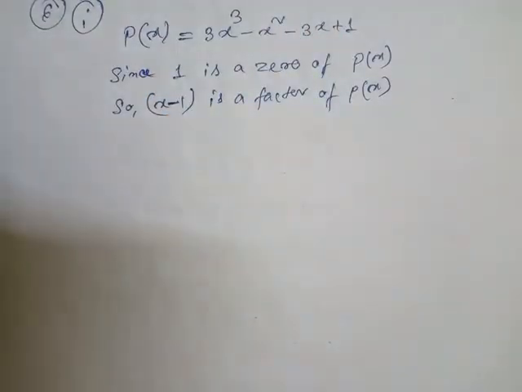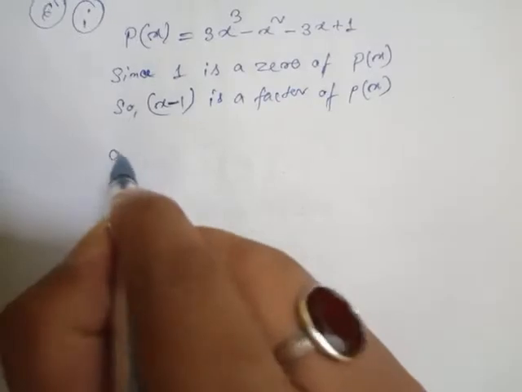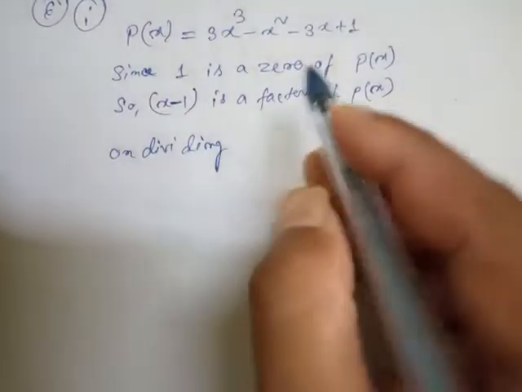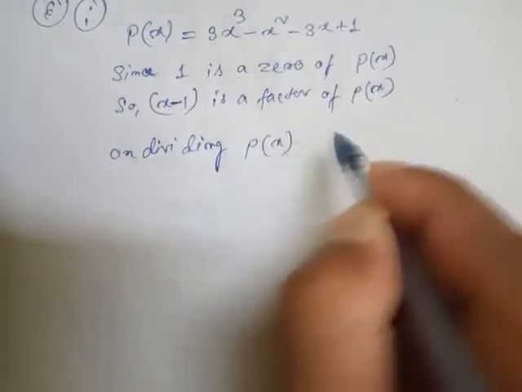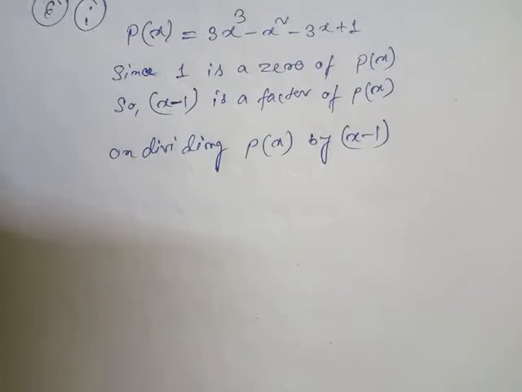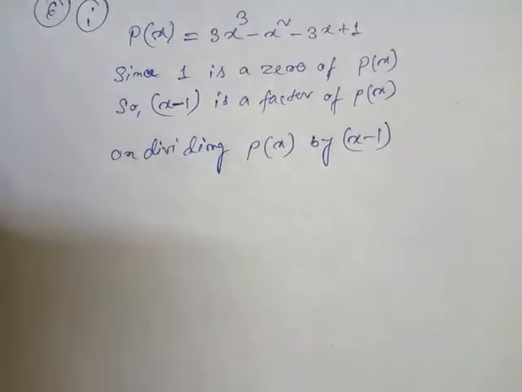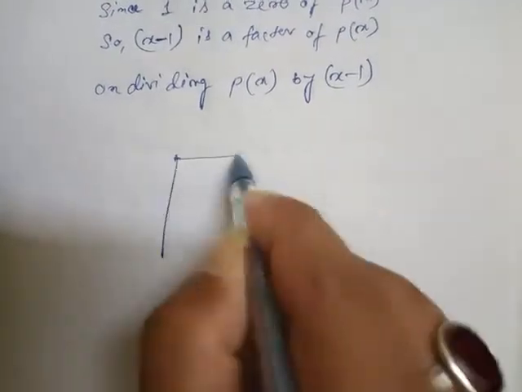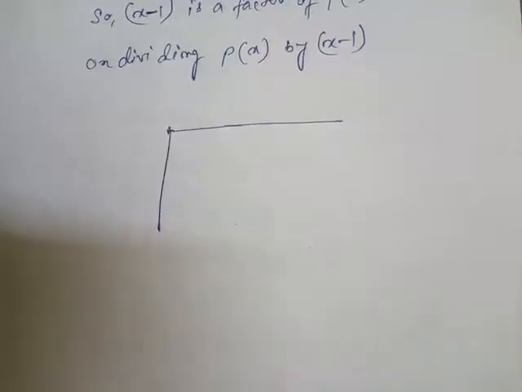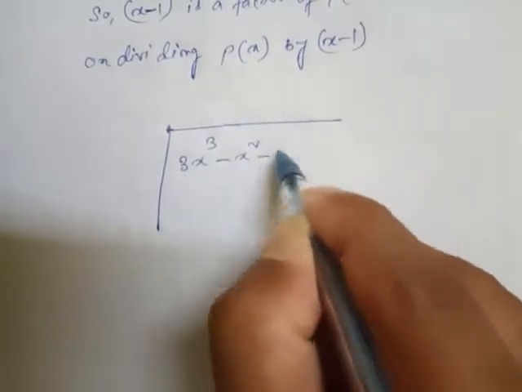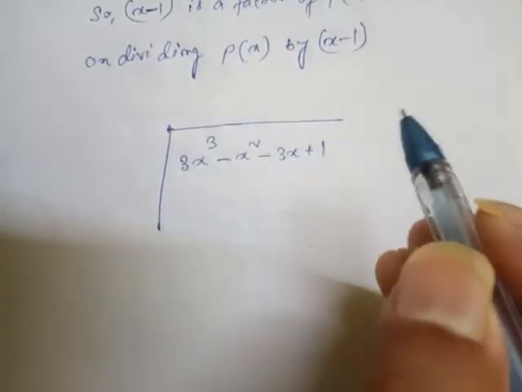Now, on dividing p(x) by x minus 1, let's see what we get. Let's go for the long division. Here is 3x cube minus x square minus 3x plus 1.